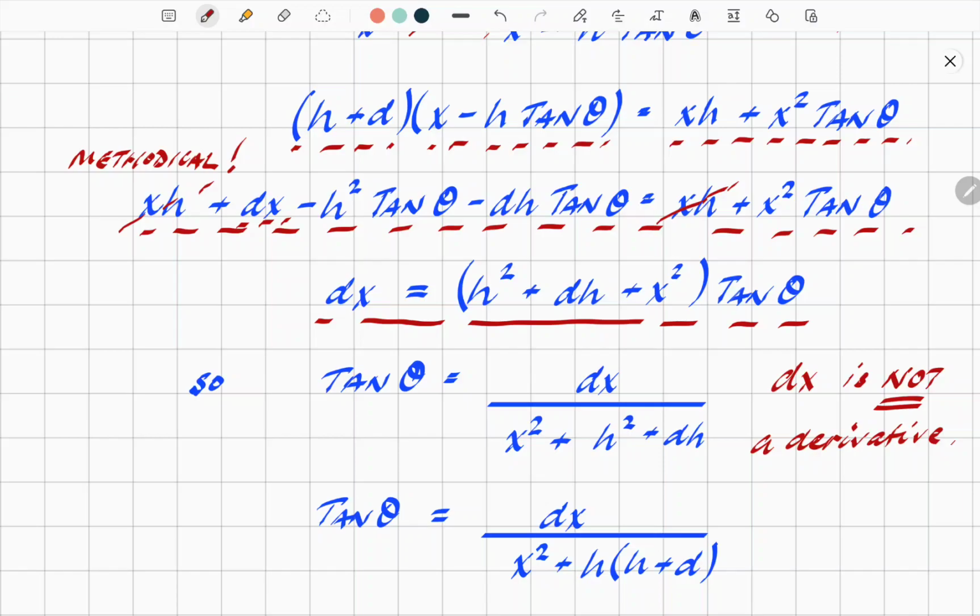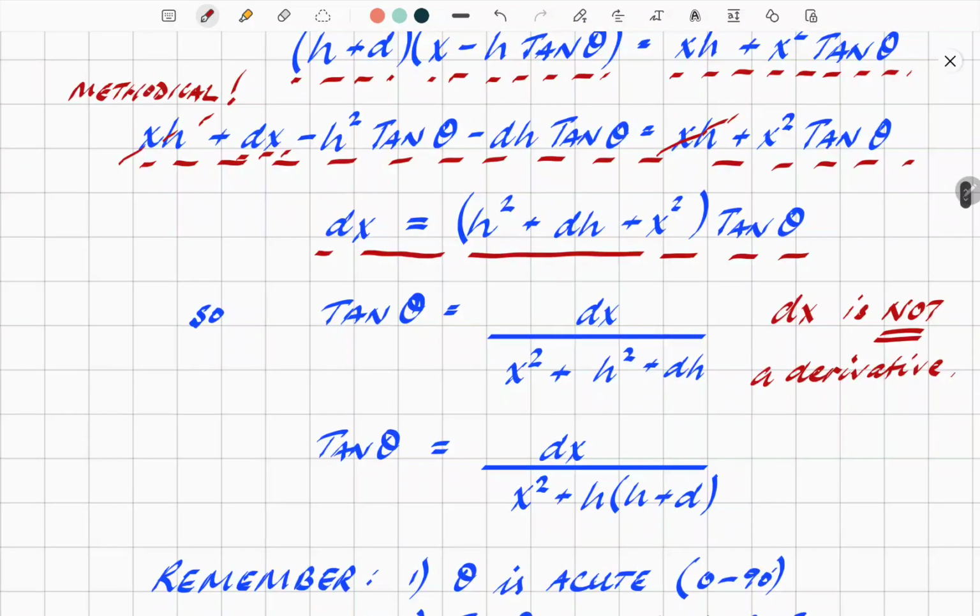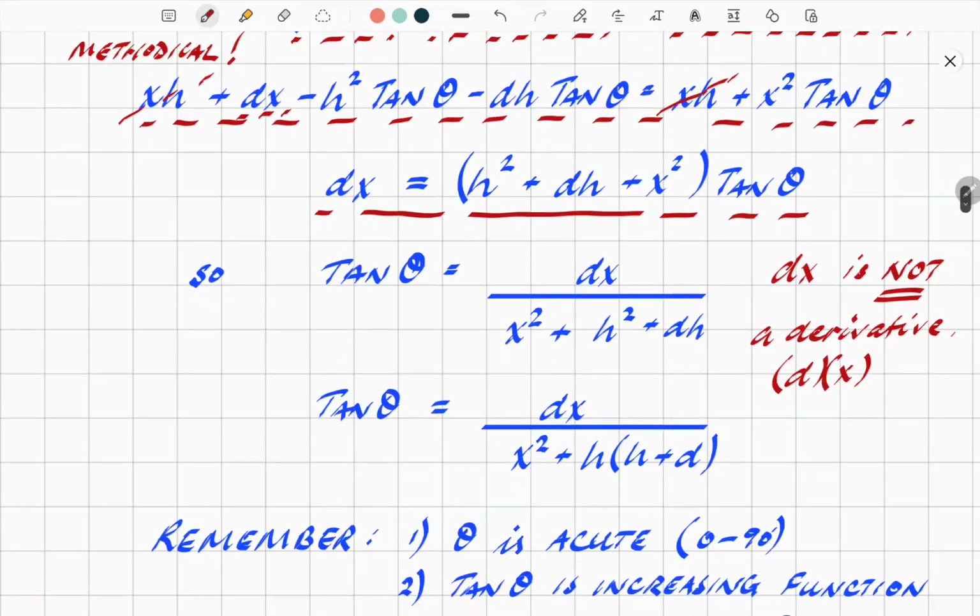They could have used any letters for this, and they picked d for some reason. But here, dx is actually d times x. They're two lengths, not a derivative. All right, so make sure you understand that.